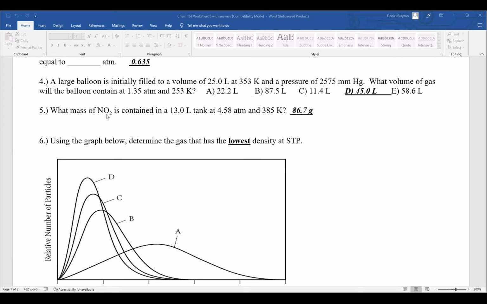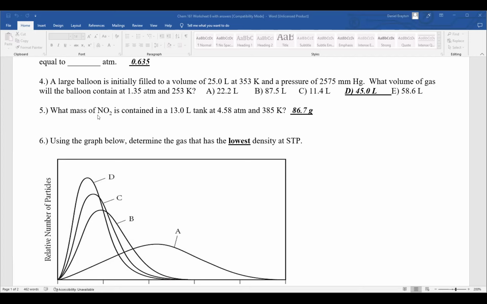5, what mass of NO2 is contained in a 13-liter tank at 4.85 atmospheres, 385? So there's no way to guess at this number. Too much math, I think, going on. But this is going to give you the info for the ideal gas law with just missing n, the number of moles.